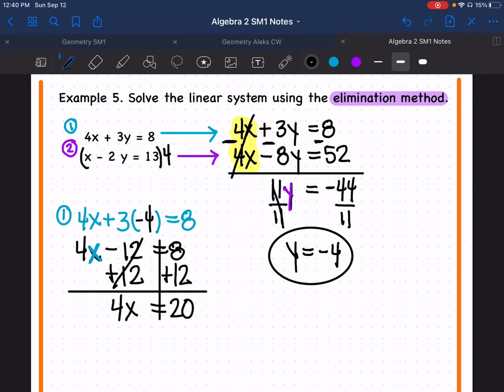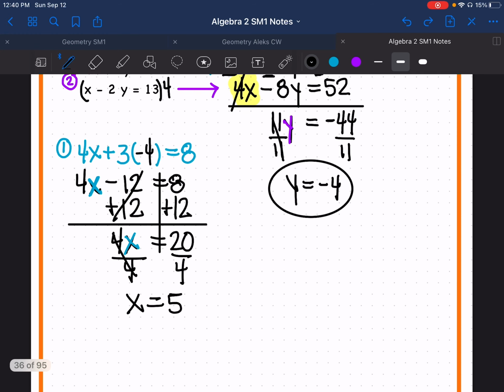We're going to get rid of the multiplication in between the 4 and the x by dividing by 4. And x is equal to 5. If we were to write this as an ordered pair, it would be the ordered pair 5, -4.